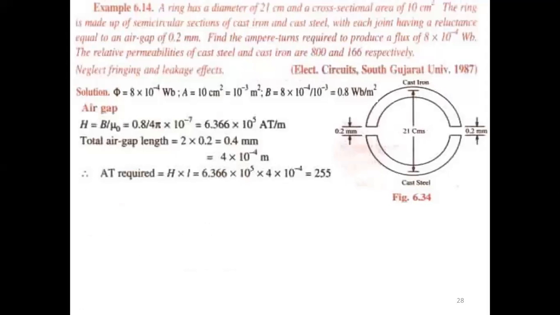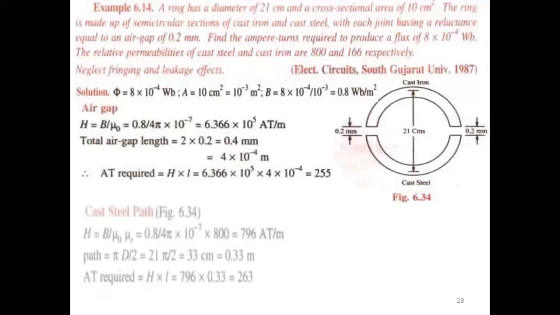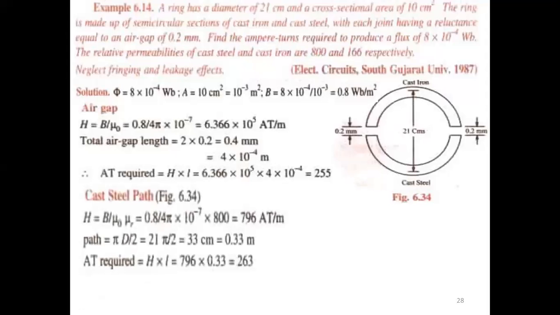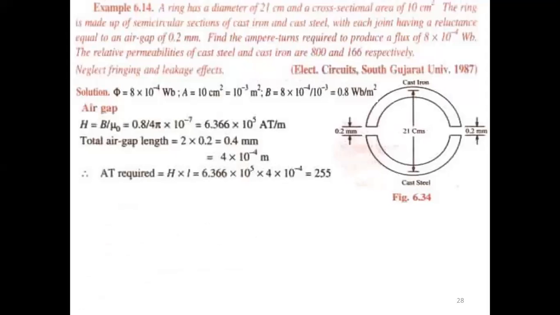What is the formula for circumference? Pi d. So pi d is the total, except this air gap, so remove that.